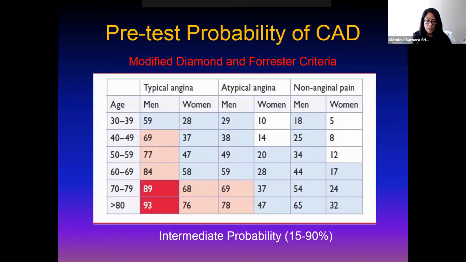Whereas patients who have what's considered to be non-cardiac chest pain in a younger patient group have low pretest probability of coronary disease. And so you can use this modified Diamond and Forrester criteria to assess, well, what are we talking about with this patient, and will cardiac testing help me in this setting?